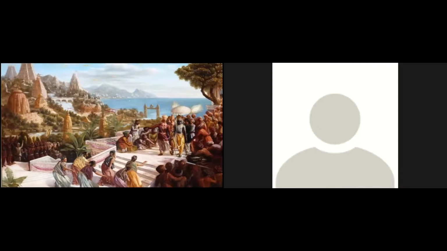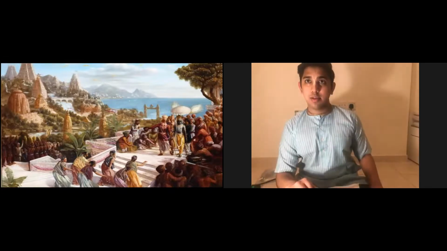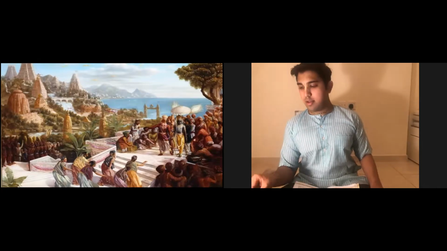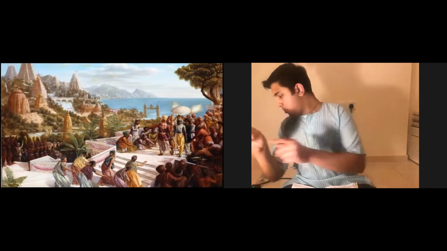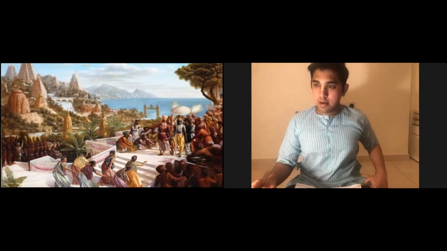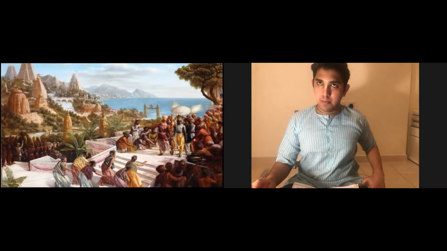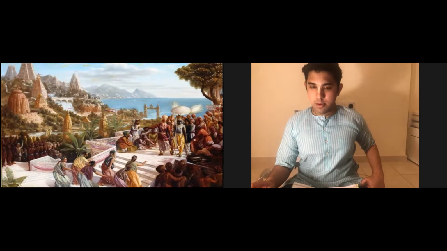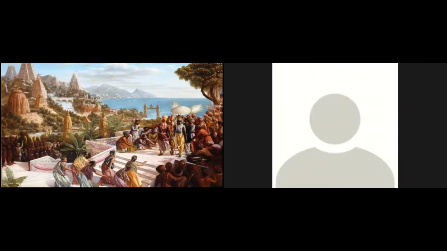Now, going further, we come to this planet of Dwaraka, where Lord Krishna is present. So here we have the Dwarka Dham.